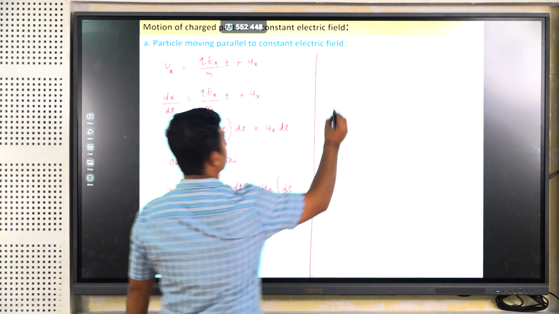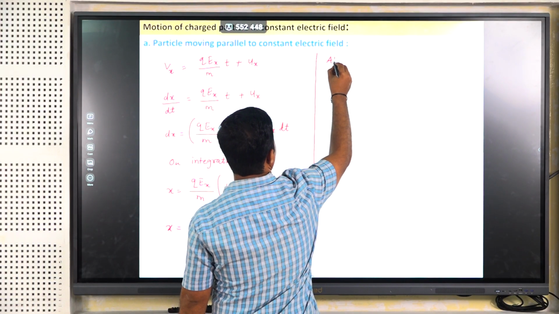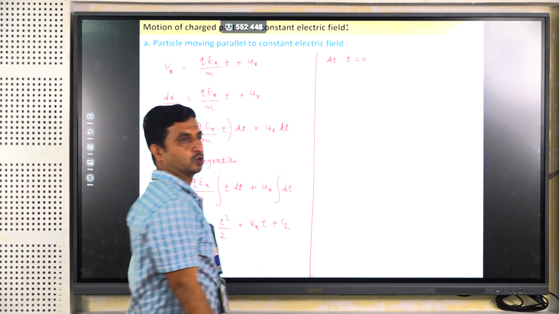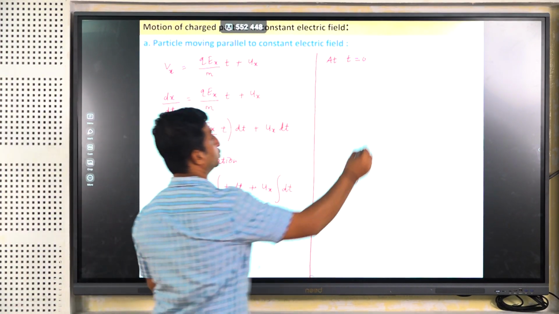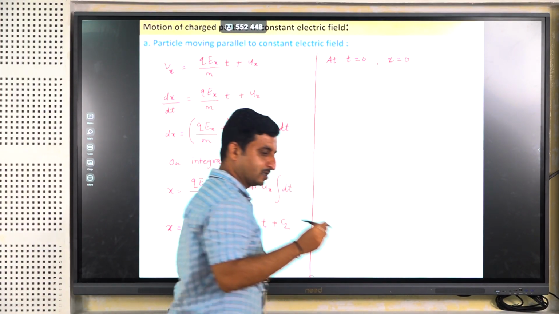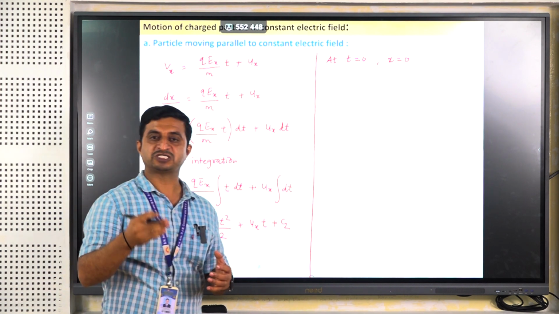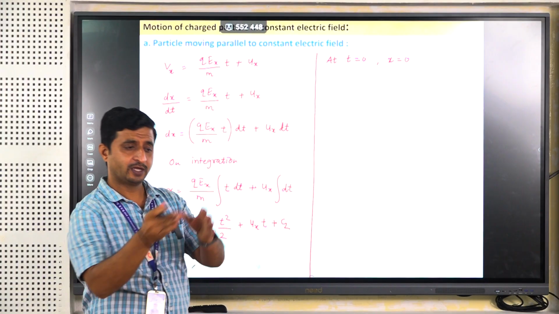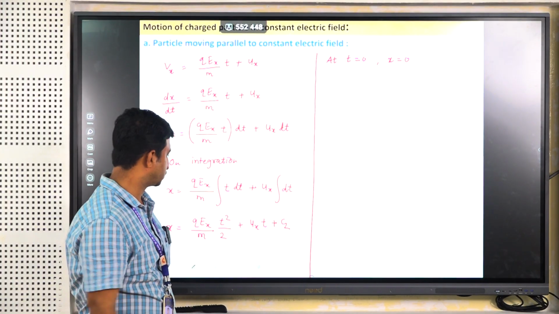How to find it? At t is equal to 0, what is the initial position? At t is equal to 0, x is equal to 0, because we start the motion of the charged particle from the origin. Before the charged particle enters the electric field, the position x is equal to 0.